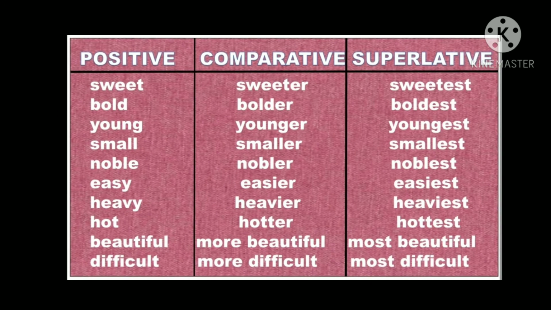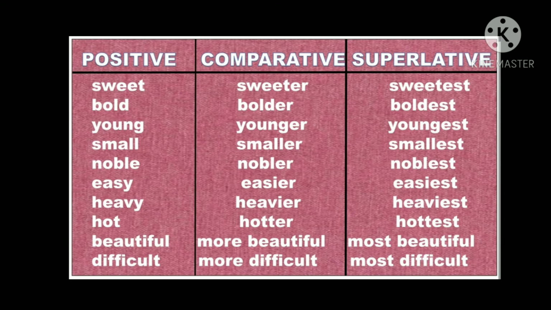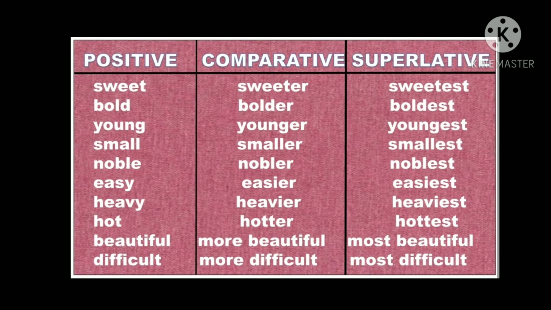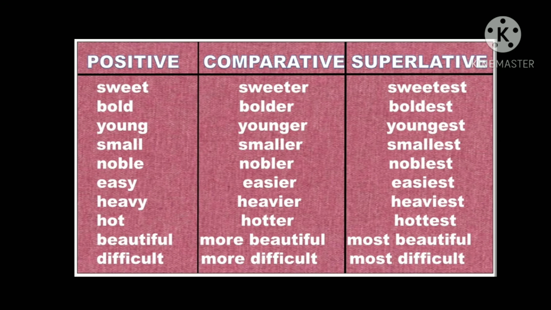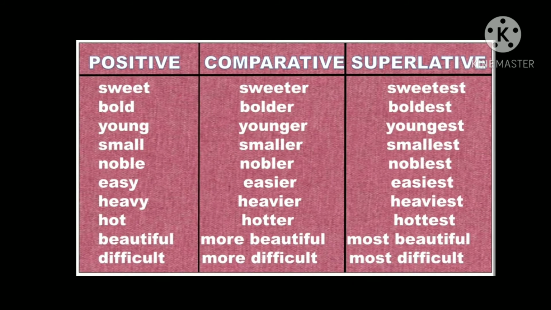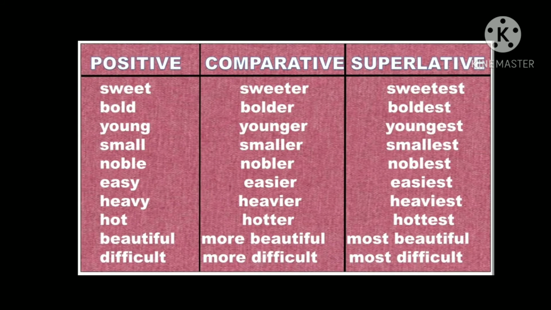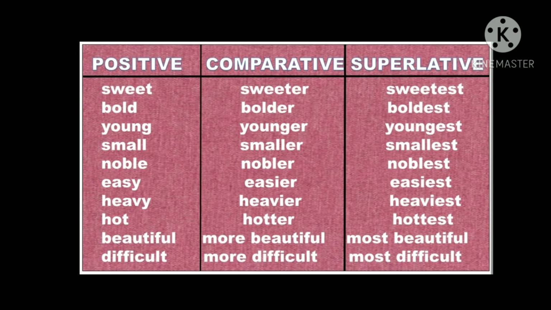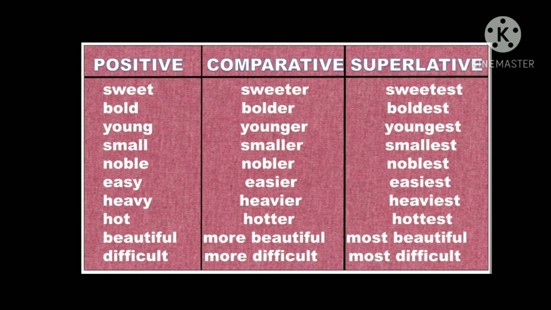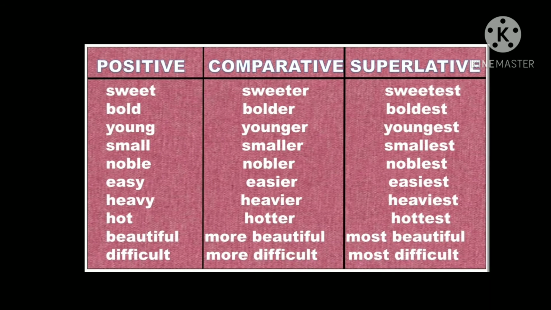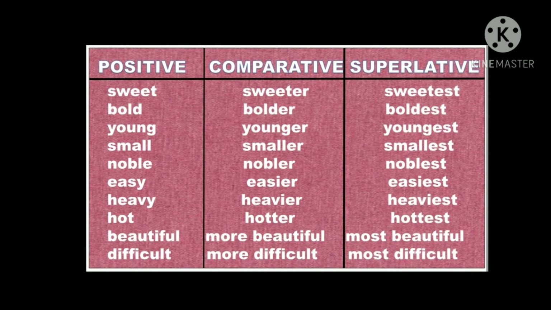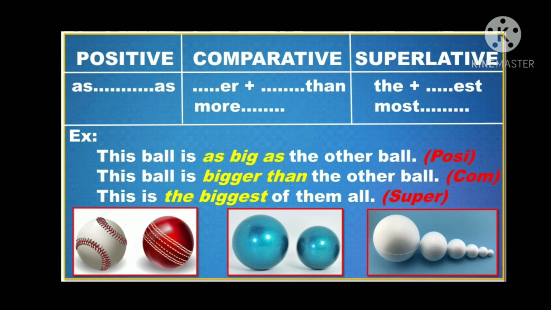Difficult, more difficult, most difficult. Look at the last two words. Here we cannot add er or est to the adjective word. So instead of er and est, we are using more and most with the adjective word. Got it?